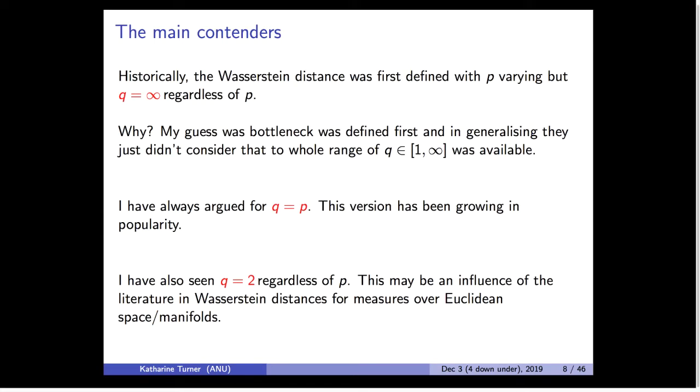I have also seen q equals 2, but that's rarer. So those are the two things. I'm going to be comparing q equals infinity to q equals p throughout the rest of this talk as a rule, just because that's the most blatant comparison, and it's easier if you're only comparing two things.